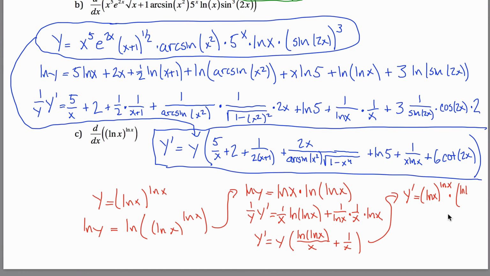Let's see, I'm not going to be able to fit that in up there. Times the natural log of the natural log of x plus 1 divided by x. This is what goes in these parentheses right here. And then this serves as my final answer.